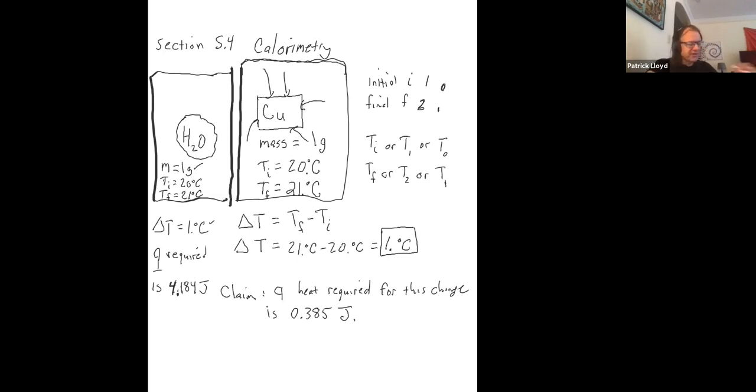Okay, so notice it's a big difference. In fact, it's about 9 times as much for water as it is for the copper.